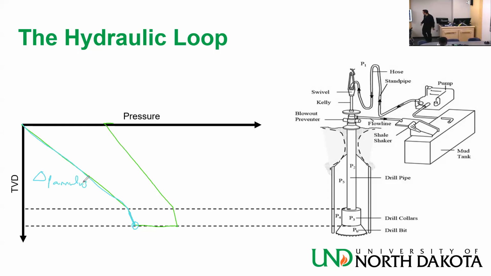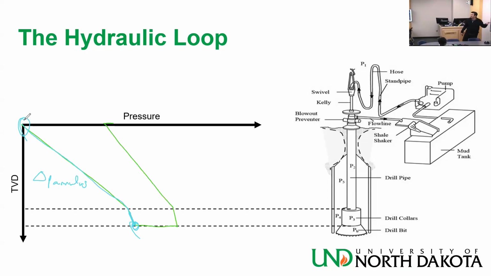So if I take the pressure here and the pressure here, and I subtract from it the hydrostatic component, I will have the annulus losses to friction. Say that the pressure here is 1,000 psi, and the pressure here is 0.